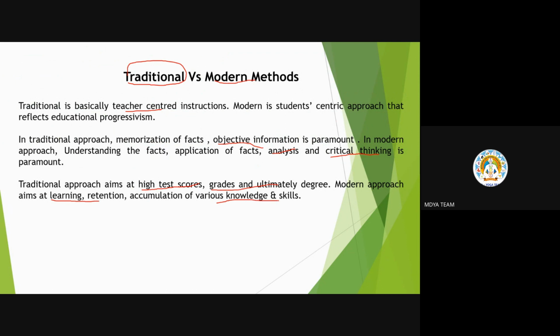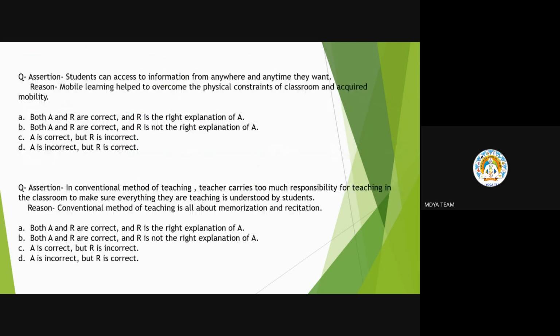So in the modern system the emphasis is on the knowledge, the values, the learning. In the traditional approach there is just a race for the marks, that you have to get good marks. If you're not able to understand, then also they expect you to get some good grades. So this is the difference between traditional and modern methods.